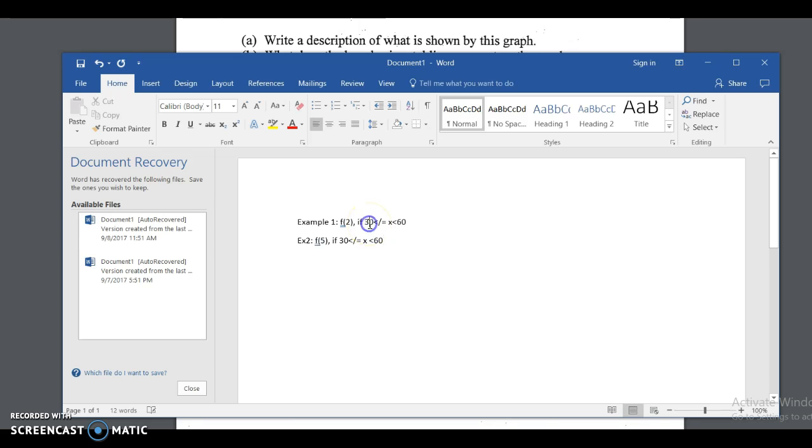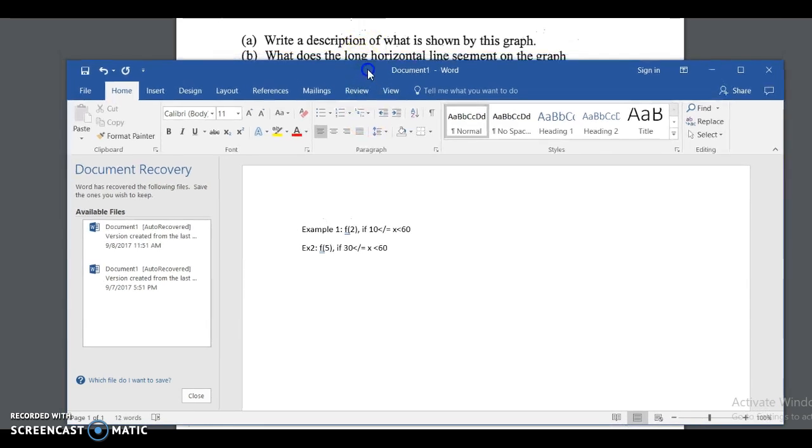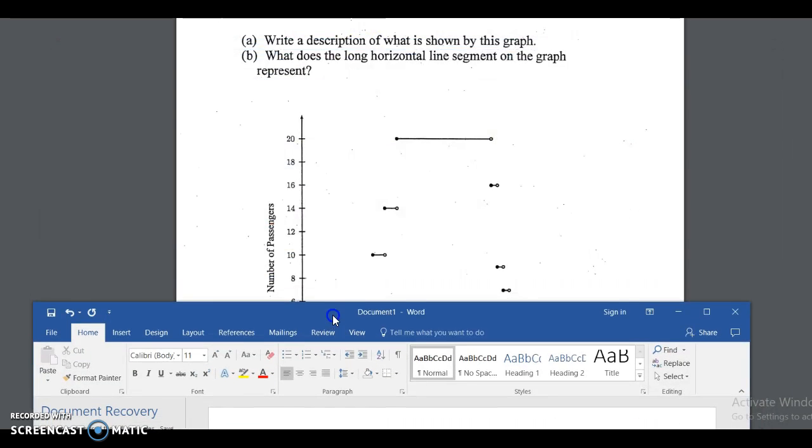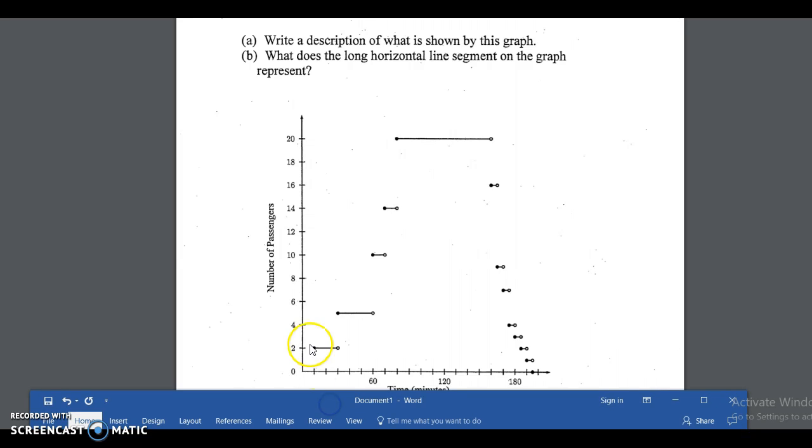And this here is supposed to be 10. Sorry about that. It's supposed to be 10 because we are starting at 10. These are 10, 20, 30, 40, 50, 60.